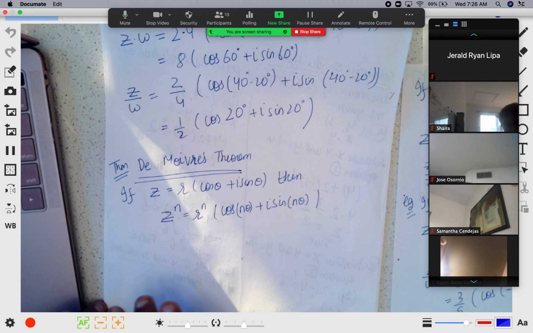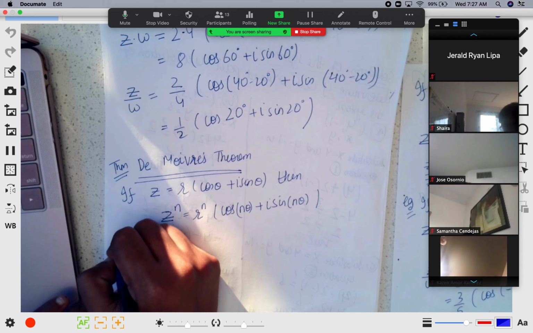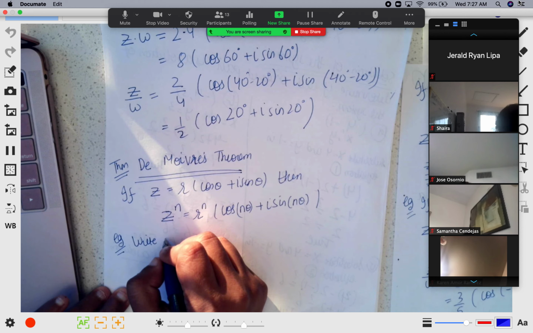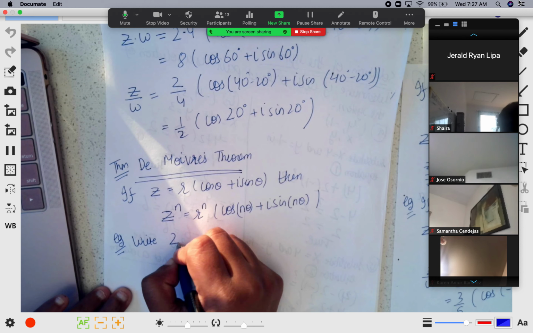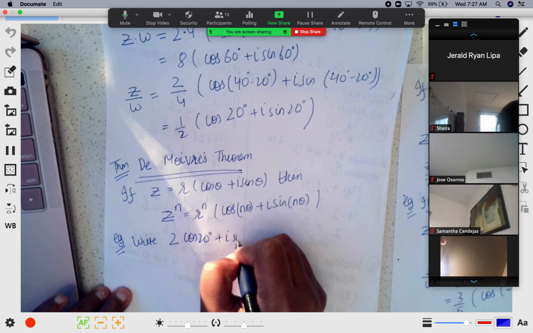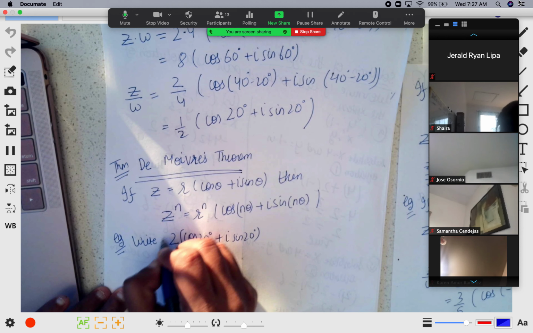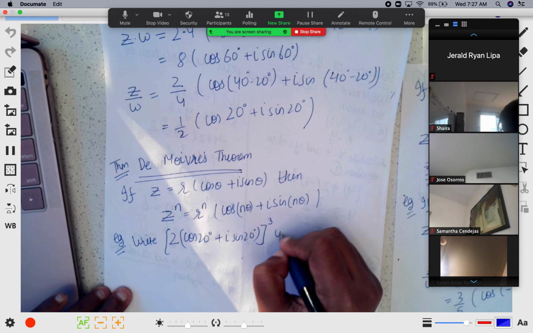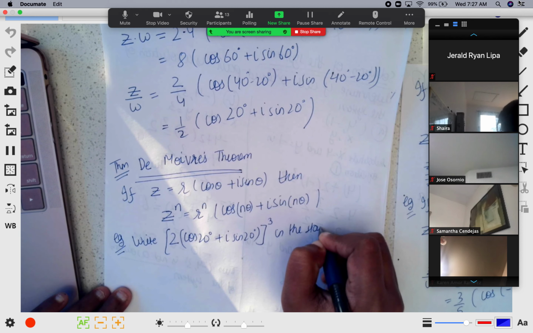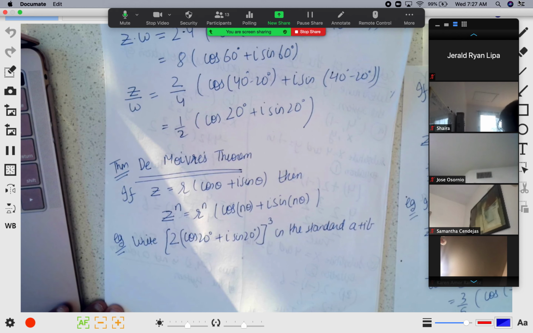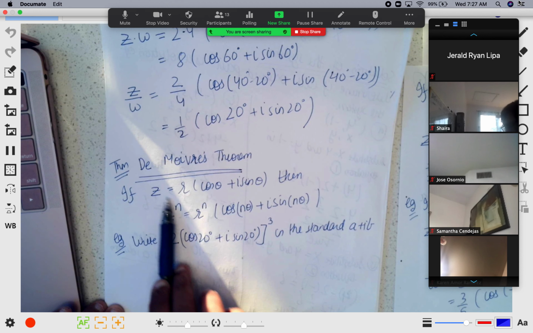Okay, example. If it says write 2 cosine 20 theta plus I sine 20 theta to the power of 3 in the standard A plus IB form. So now you're raising this whole thing to the power of 3.